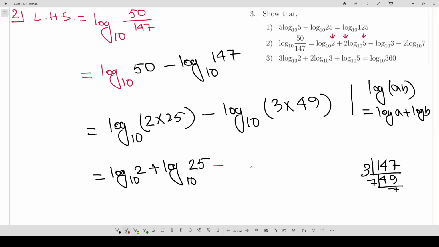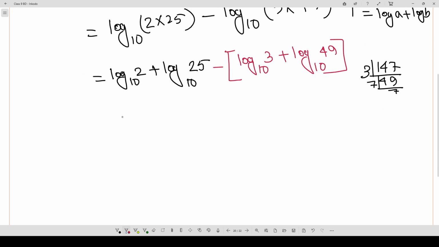Same thing minus, and here also same thing, log 10 base 3 plus log 10 base 49. Here I am using third bracket, you can use first bracket. It's a simple thing.